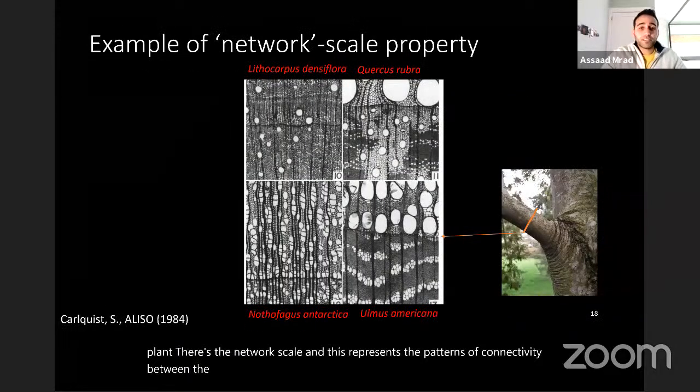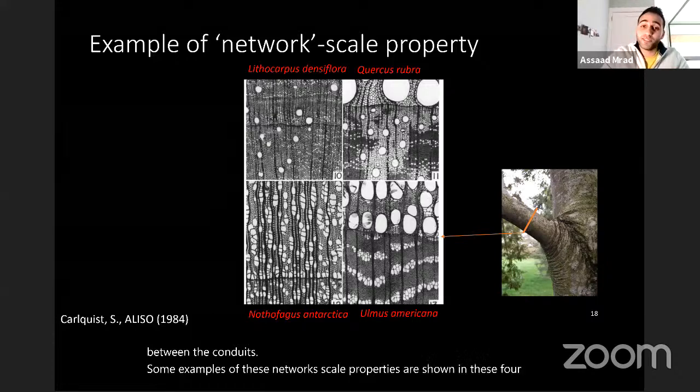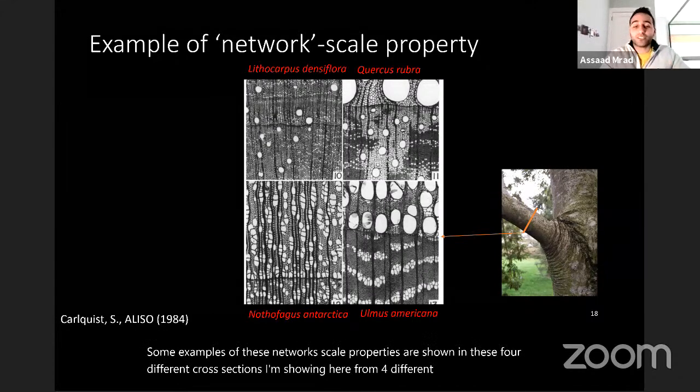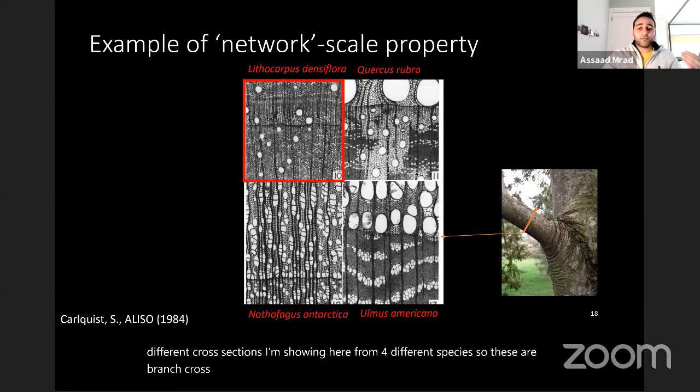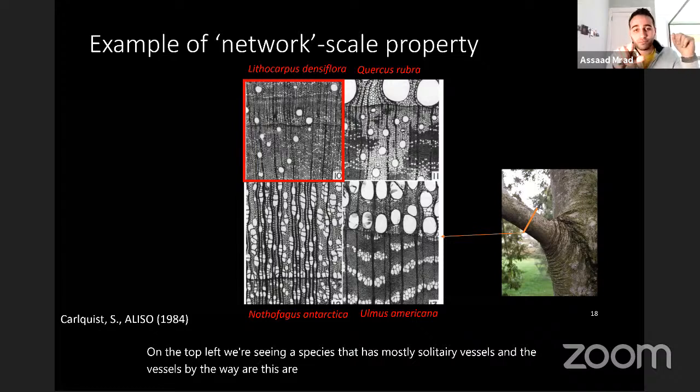Some examples of these network scale properties are shown in these 4 different cross sections I'm showing here from 4 different species. So these are branch cross sections. On the top left, we're seeing a species that has mostly solitary vessels. And the vessels, by the way, are the white circular areas.